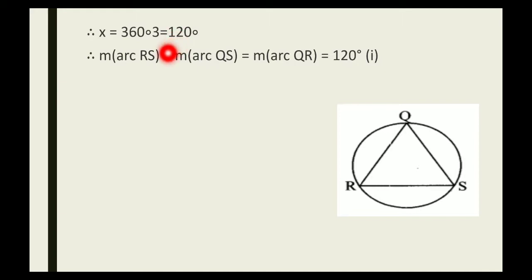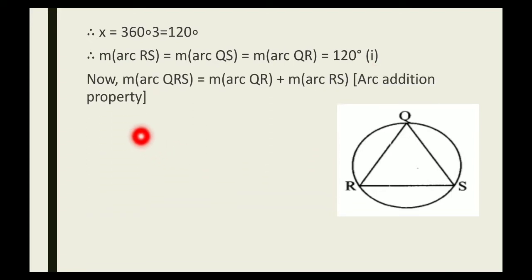360 divided by 3, you will get the x value as 120 degrees. So if one arc is 120, we know that all the arcs are equal, as we have proved in the first sub question. So measure of arc RS, arc QS and arc QR is equal to 120 degrees.